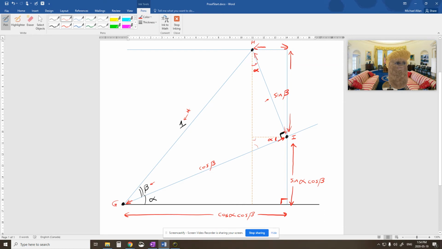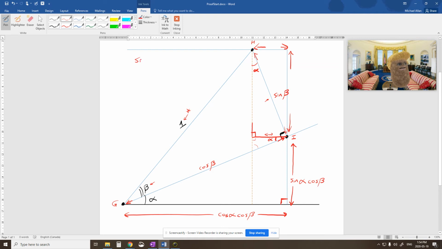So now using the same logic I did down here with this alpha, I can do the same thing. I can say, okay, sine, because there's a 90-degree triangle right here. So this distance down here, that would be sine.